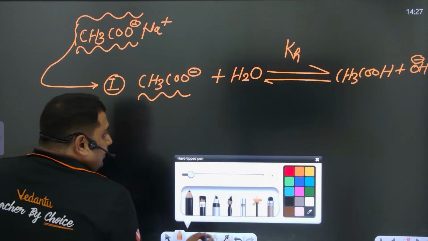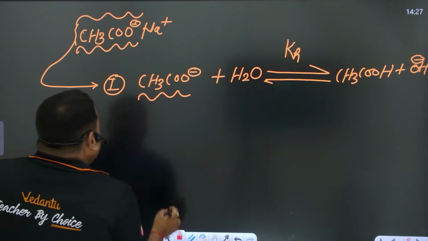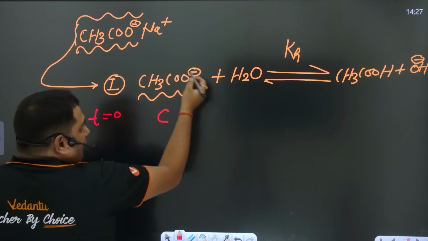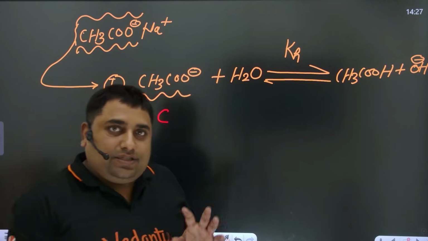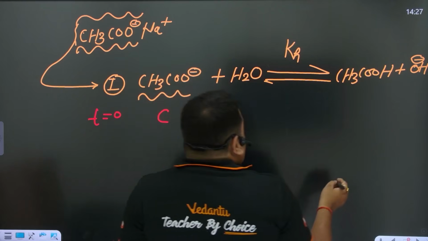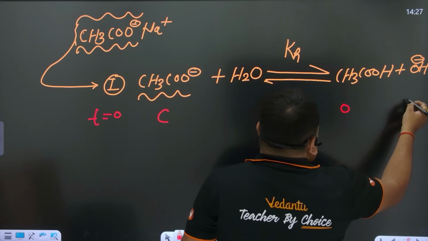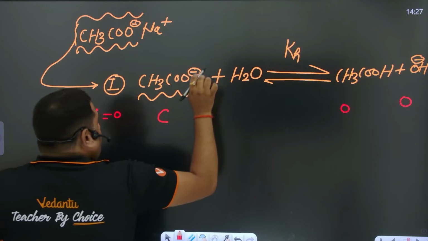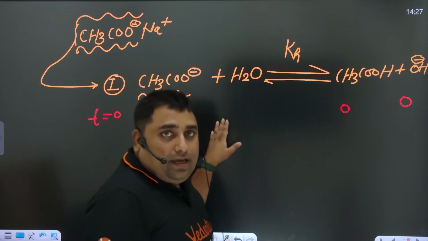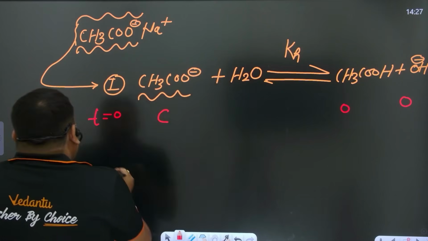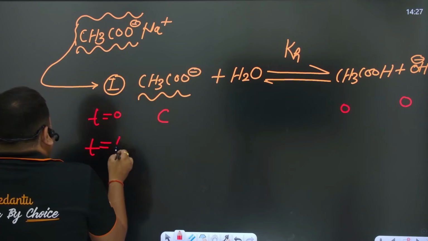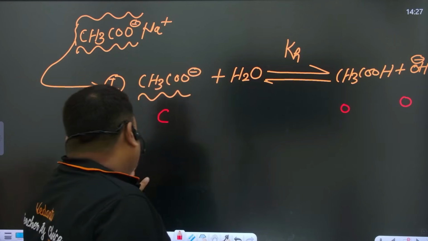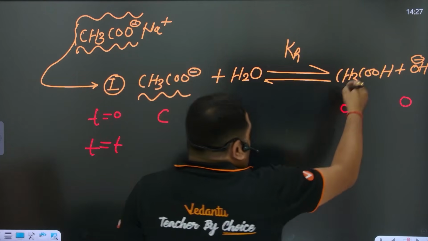And in the question it is already given to you that at t equal to 0 the concentration of this acetate ion is C, right? And initially these things are not present, and water is already taken in excess, so there's no need to take its concentration here. Now you have to see at t equal to t, when equilibrium is established, what is the concentration of this acetic acid?